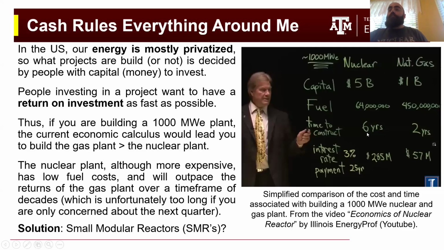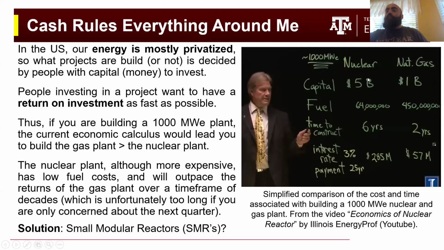But the time to construct the nuclear plant is like 3 times longer on average than the time to construct the natural gas plant. So if it's taking you longer to construct the plant, that means it's taking longer for you to turn the plant on and start making money off of it.